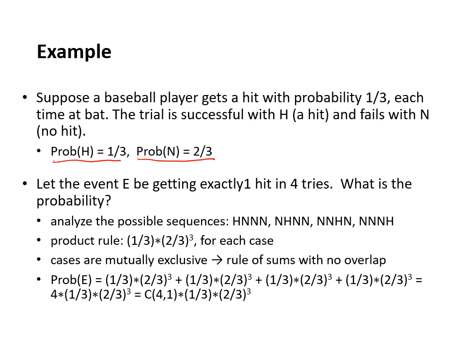To compute E, we have to analyze all possible sequences that lead to this outcome, and there are going to be 4 of them. Now we have to use the product rule to compute the probability of each case.